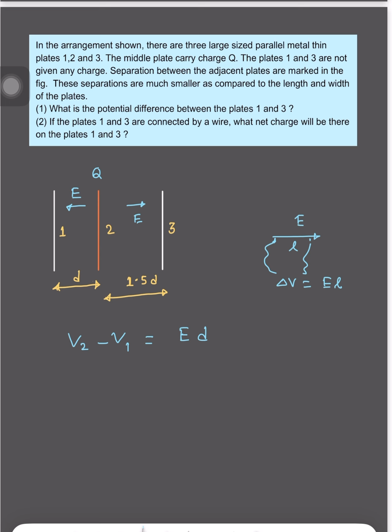Similarly we can write V2 minus V3 will be E into 1.5 D, because here separation is 1.5 D. So we have to find, since V1 and V3 make the difference, we just subtract this equation, upper one from the bottom one, or vice versa, then we can get V1 minus V3 as 0.5 E into D. Here we can realize that since this is greater than this, from here to here there will be more drop in potential.